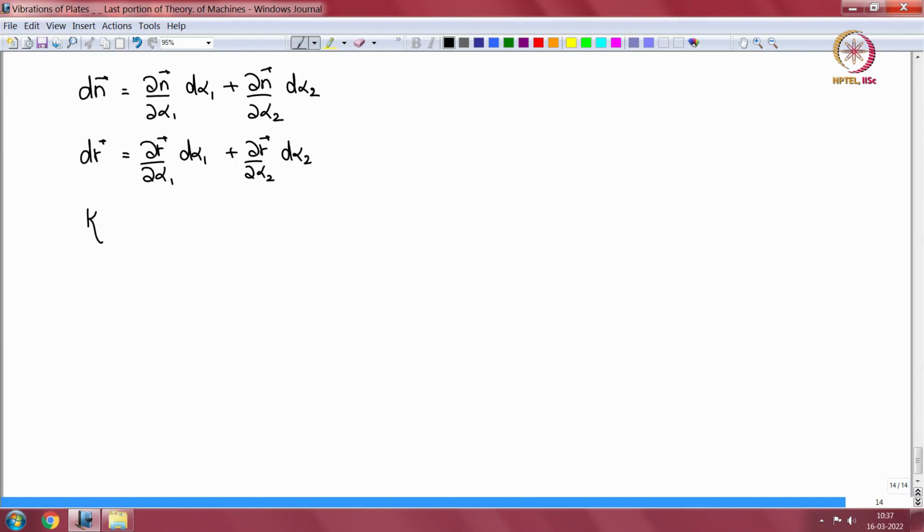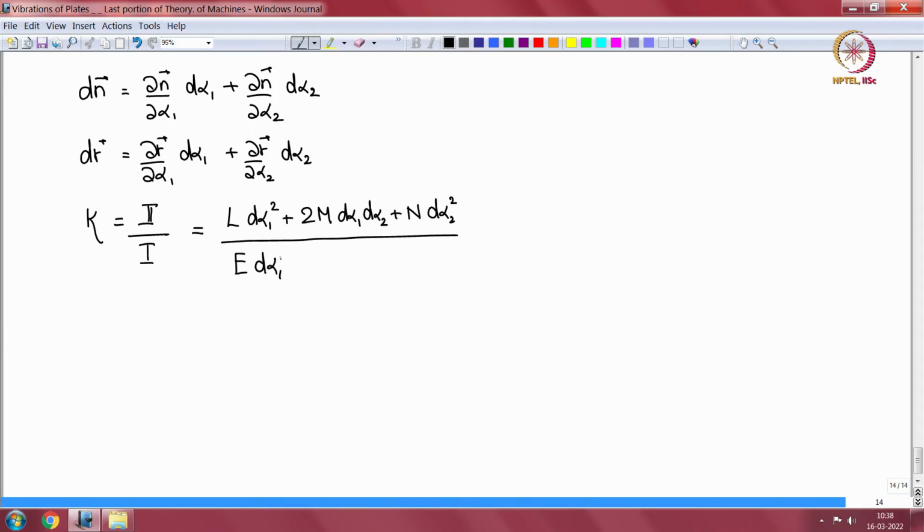which means my kappa is equal to the second form by the first, which is L d alpha 1 squared plus twice m d alpha 1 d alpha 2 plus n d alpha 2 squared by E d alpha 1 squared plus twice f d alpha 1 d alpha 2 plus g d alpha 2 squared.